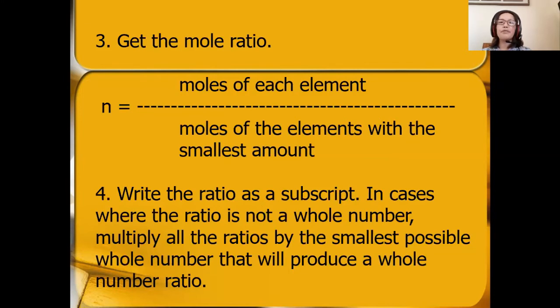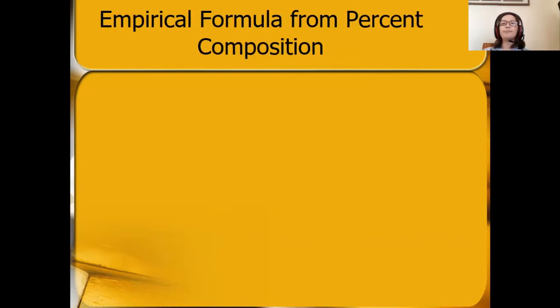Because in a chemical formula, there is no such thing as a decimal subscript. So if you come up with a decimal number, you need to multiply it by the smallest number that will make the subscript a whole number. Okay? So again, in determining the empirical formula, first, the percentage composition of each element is converted into mass in grams.